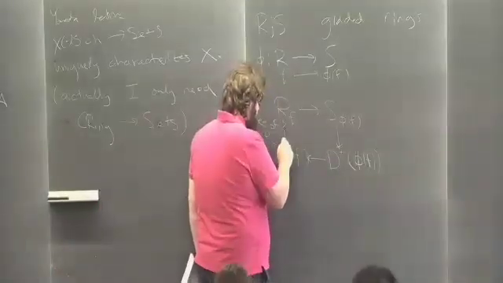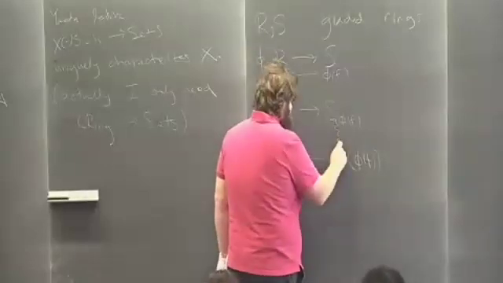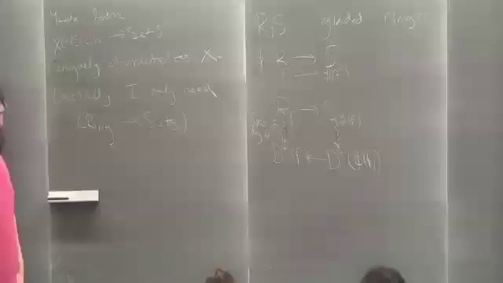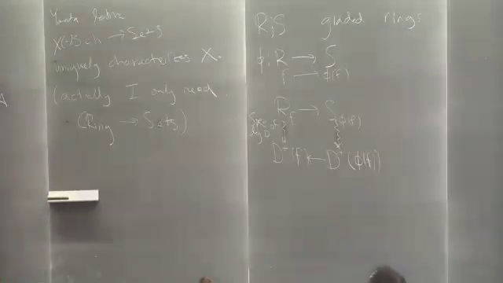I should have made these squigglier arrows, because this is a map, I'm doing an operation. It's not too hard to check that those are compatible on overlaps. So it's looking pretty good for gluing these together into a morphism.